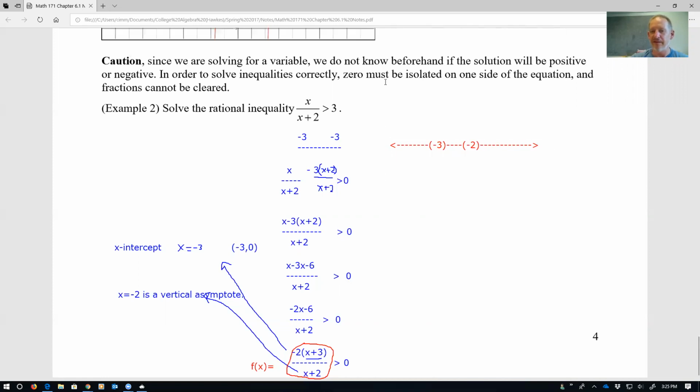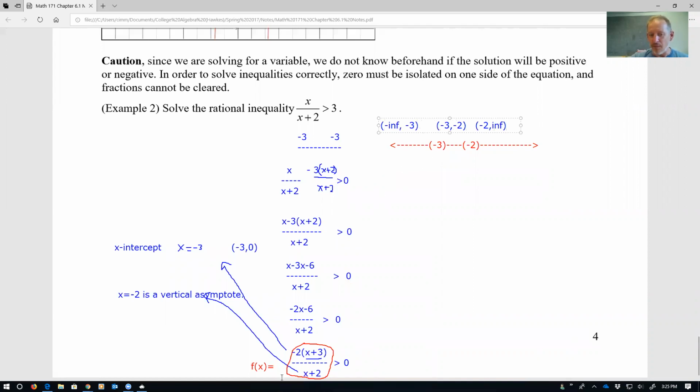My intervals would be -infinity to -3, -3 to -2, and -2 to infinity. Those are my three intervals that I'm going to check.